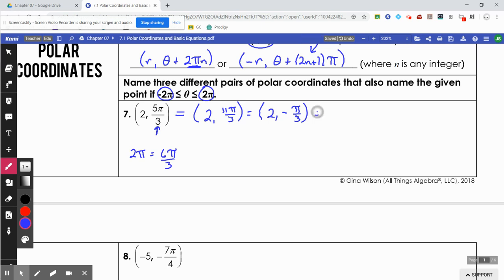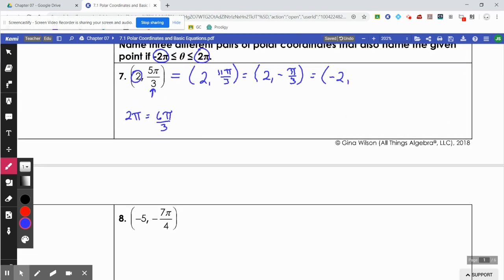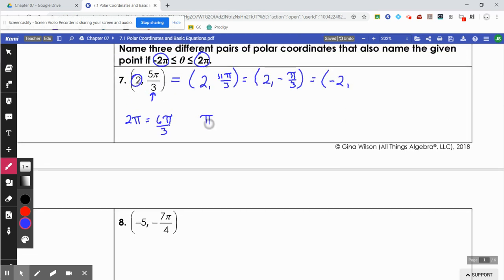Now let's do one more. And the way we're going to do it is instead of going in the positive direction, we could go in the negative direction and then take away a half a rotation. Now a half a rotation, which would be pi, which would be just 3 pi over 3.